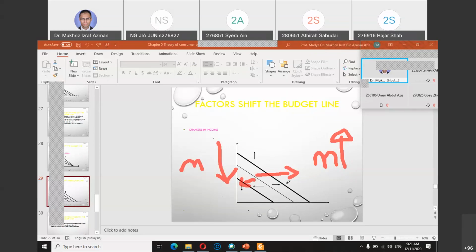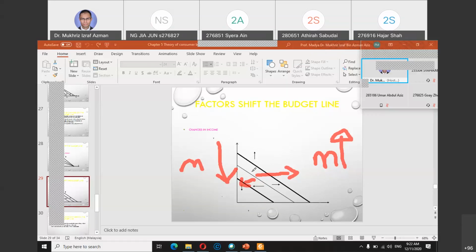So the movement is always parallel, meaning the distance of the change is the same for both X and Y. If you have something like this, it only happens when the income changes, but the prices of X and Y remain the same.